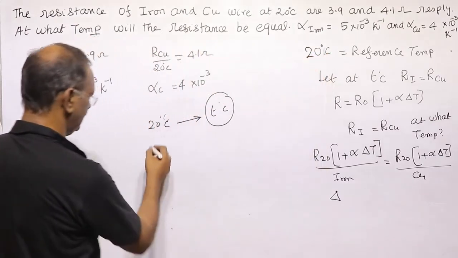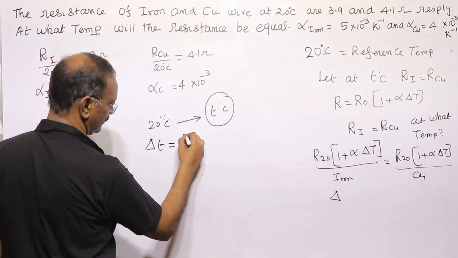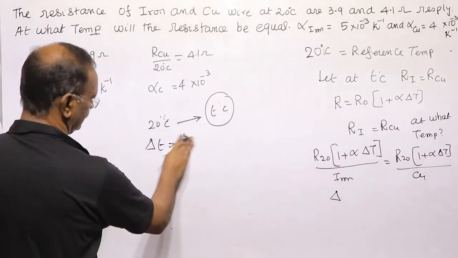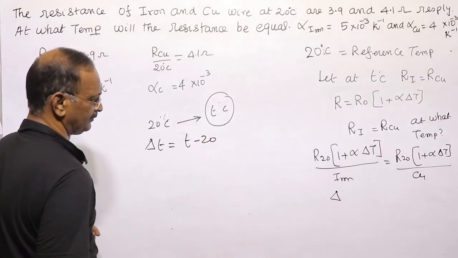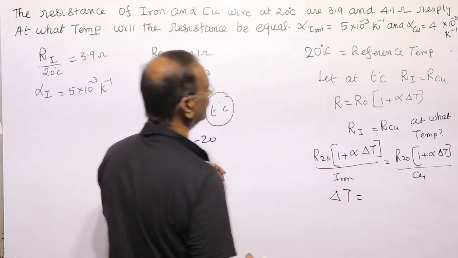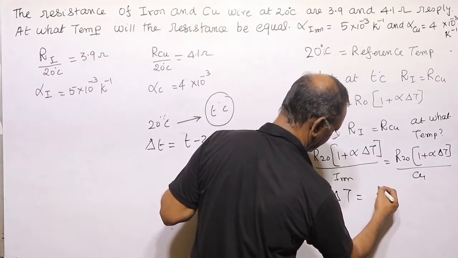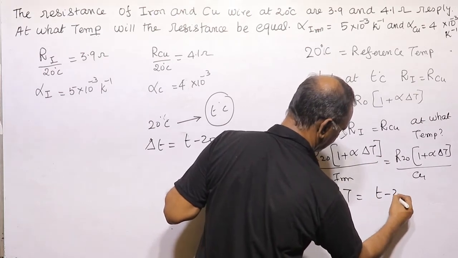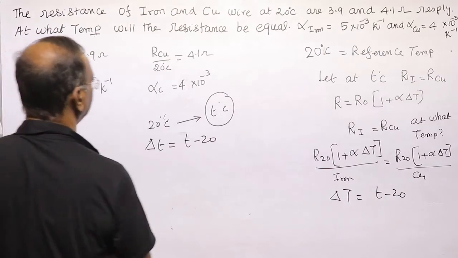Change in temperature is equal to T final minus initial, T minus 20. So delta T is common for both, because both are at the same temperature. The delta T is equal to T minus 20 for both copper and iron.